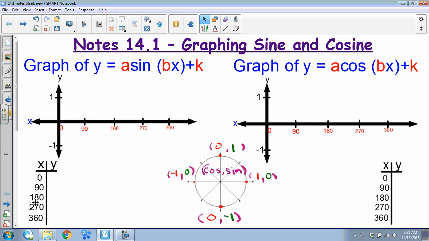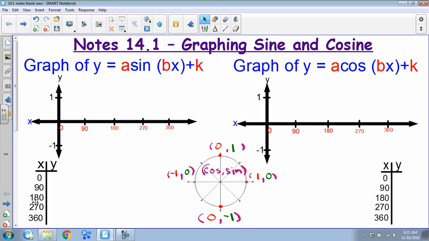We also learned that your x value represents the cosine, and your y value represents the sine. So if I took these on this graph, the cosine and sine graphs together create a big circle.